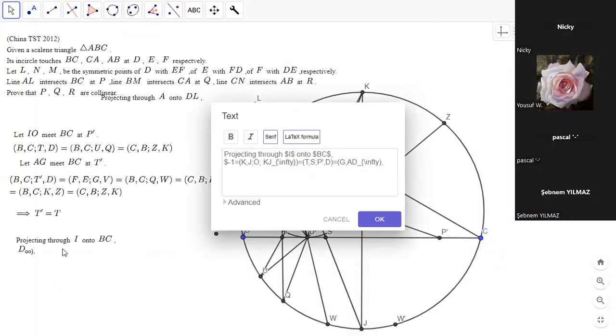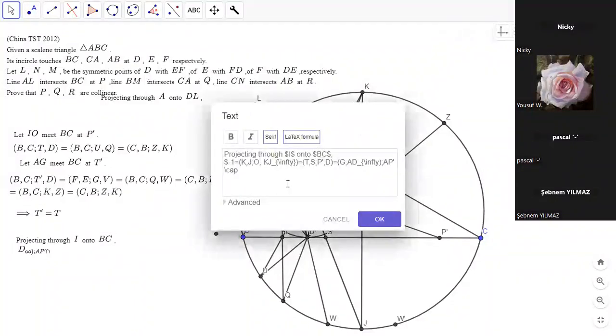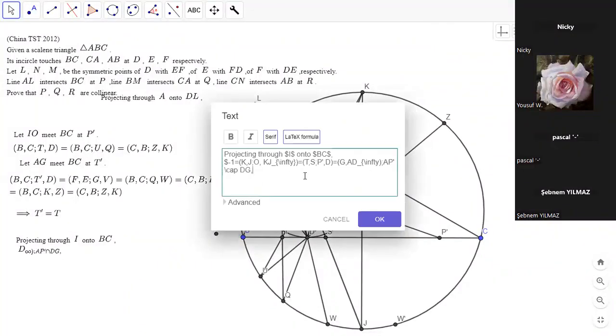whoa, what happened there? Oh, I didn't finish it. And then AP prime intersect DG, and then G or D? What did I leave out?